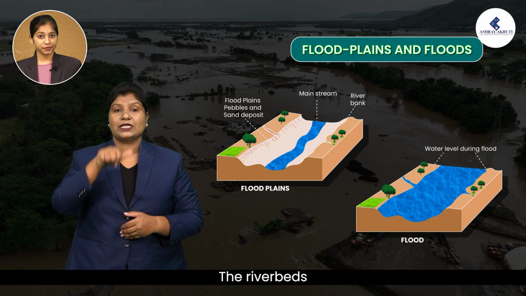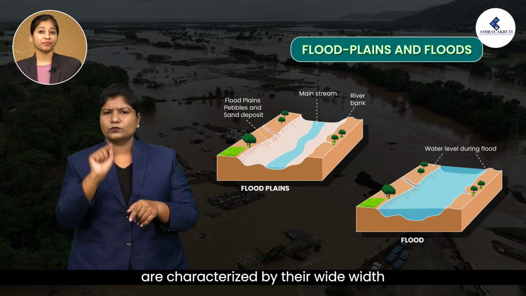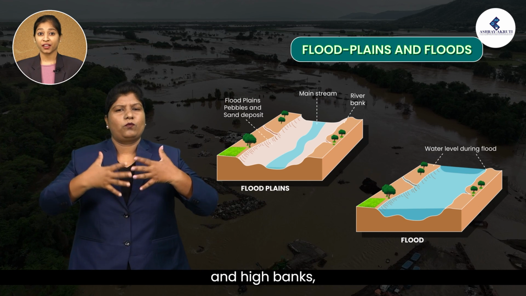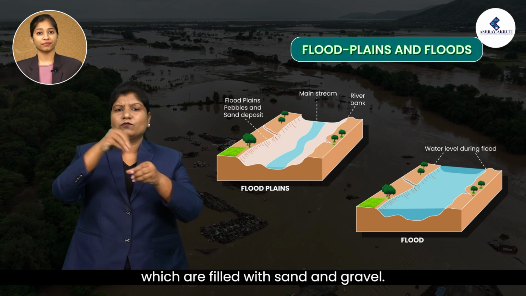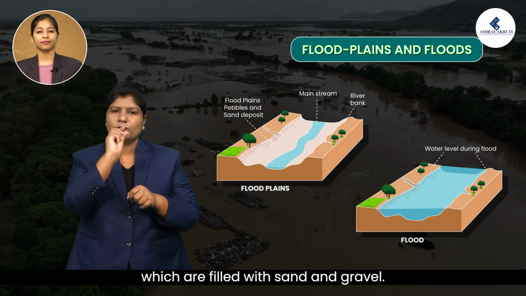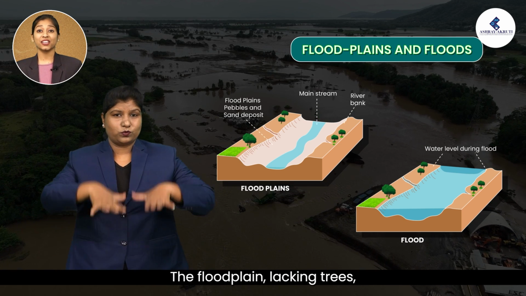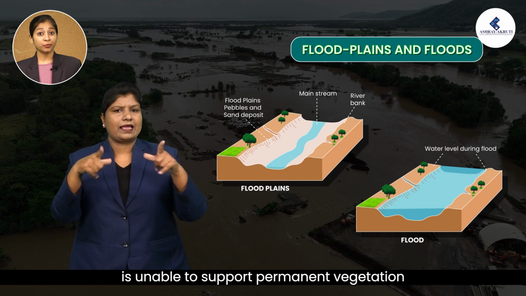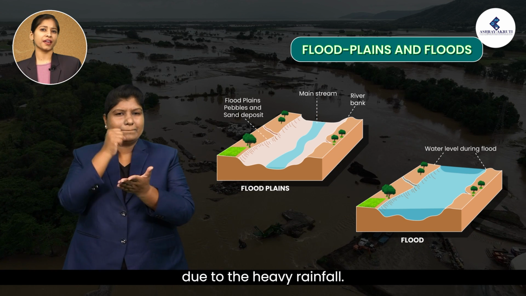The riverbeds are characterized by their wide width and high banks, which are filled with sand and gravel. The floodplain, lacking trees, is unable to support permanent vegetation due to the heavy rainfall.